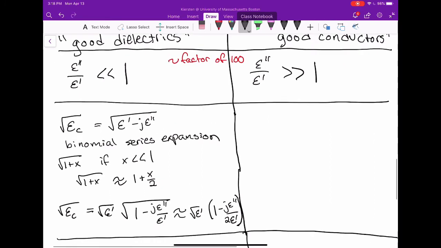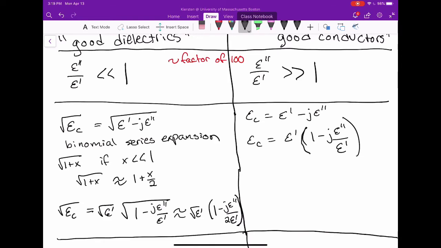Now on the good conductor side, what we do instead is we have a lot of terms here. If we go to the same place as we did before, epsilon c is equal to epsilon prime minus j epsilon double prime, which means that you could have epsilon c equal to epsilon prime times 1 minus j epsilon double prime over epsilon prime.